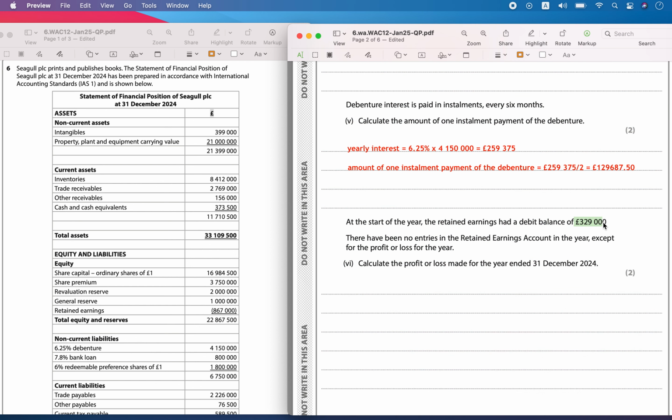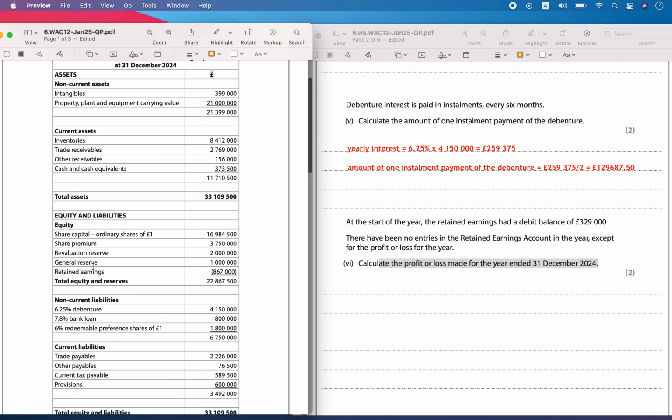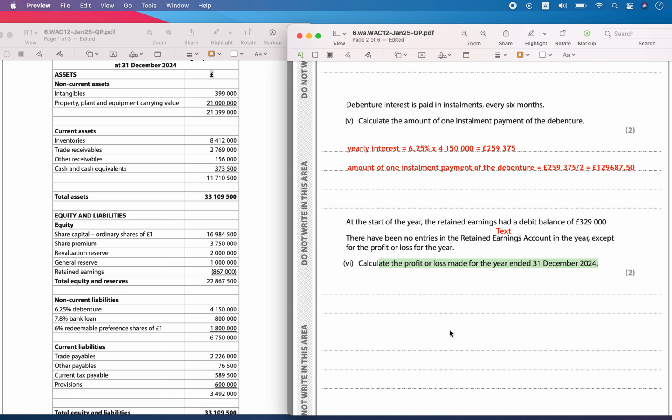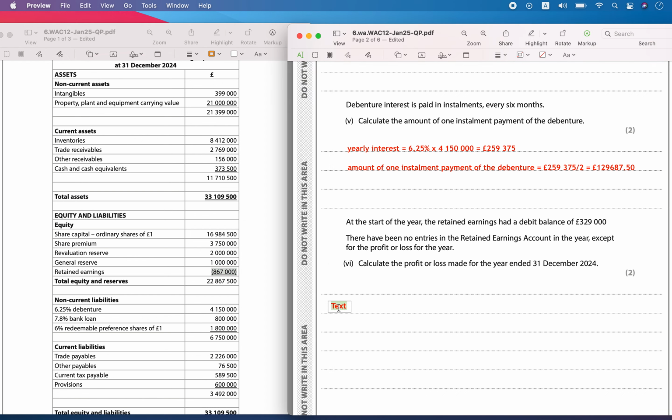At the start of the year, the retained earnings had a debit balance of this much. Then there had been no entries in the retained earnings account in the year except for the profit or loss. Calculate the profit or loss made for the year ended 31st December 2024. The retained earnings at the end was this much. So the profit or loss is equal to the ending balance minus the beginning balance.